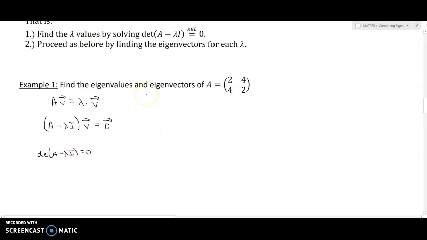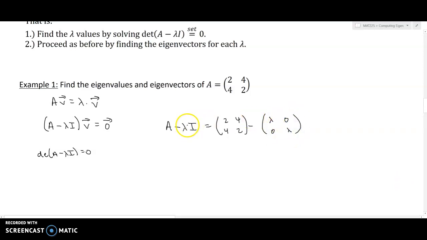To find that value, first off, compute A minus lambda I. So if I compute A minus lambda I, we will have the matrix 2, 4, 4, 2 minus some unknown scalar lambda multiplied by the identity, which will just be lambda, 0, 0, lambda.